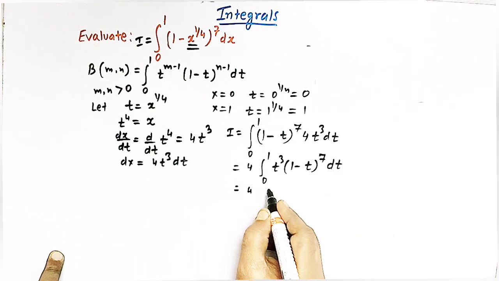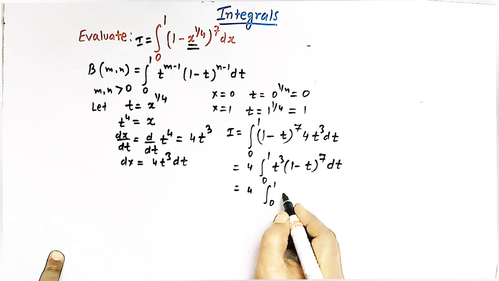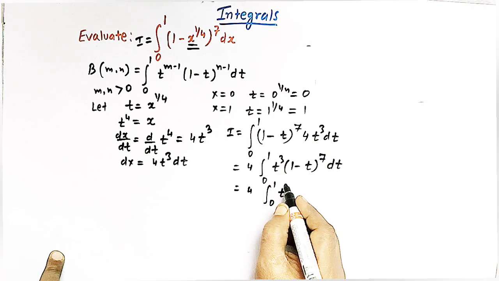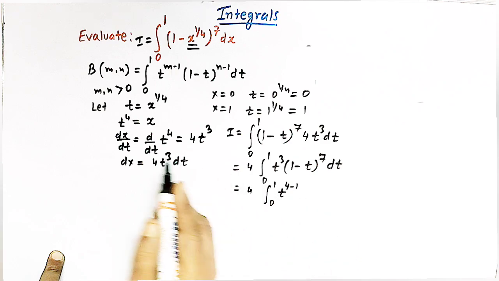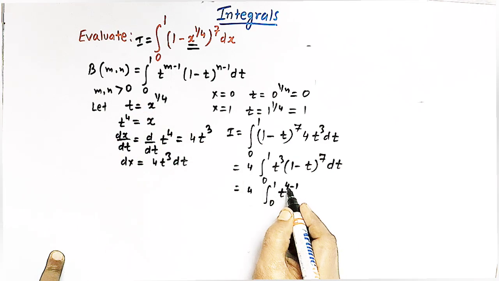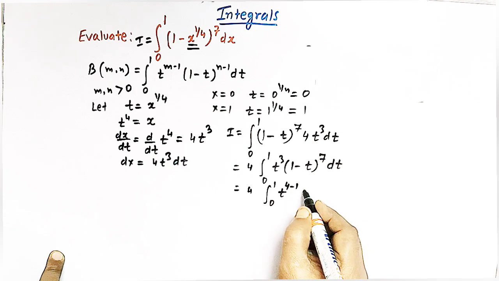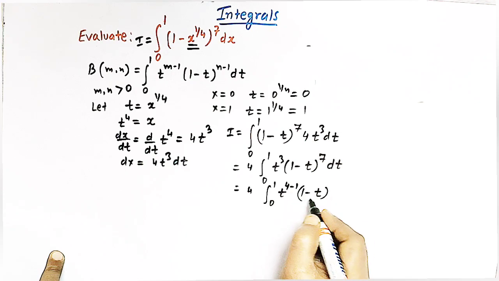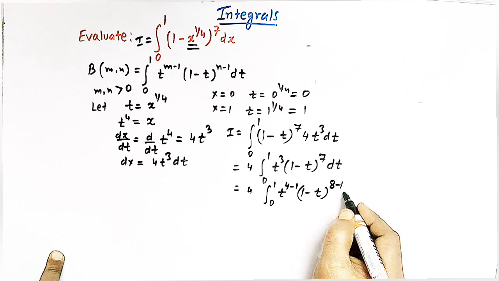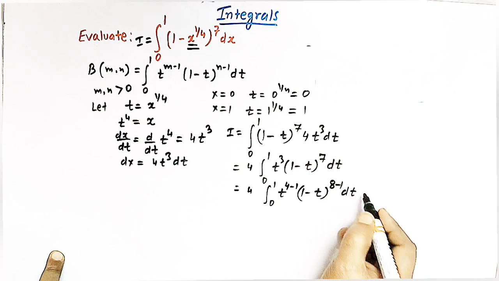Now let us write this integral as t^3. Here 3 can be written as 4 minus 1, because here we have m minus 1. So we can write 4 minus 1, that is equal to 3, and then we have (1 minus t)^7, and 7 can be written as 8 minus 1, and here we have dt.